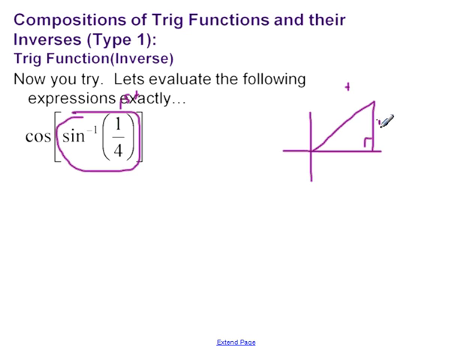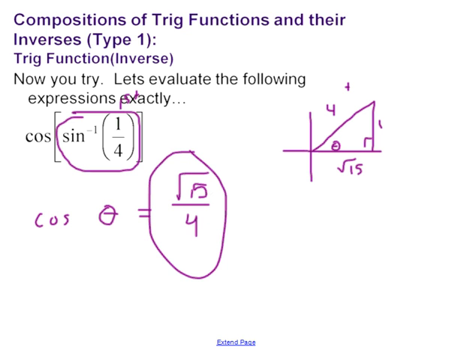Let's see. So this is 1. That is 4. And that would be root 15. So then theta is here. So this leaves us with the cosine of theta. Cosine of theta would be root 15 over 4. That's it.